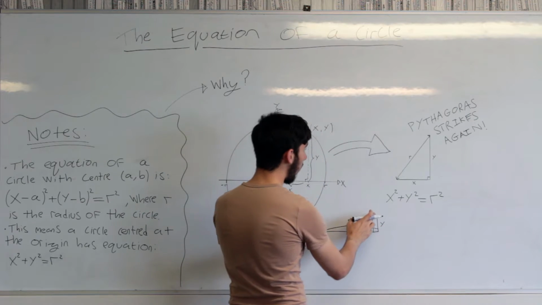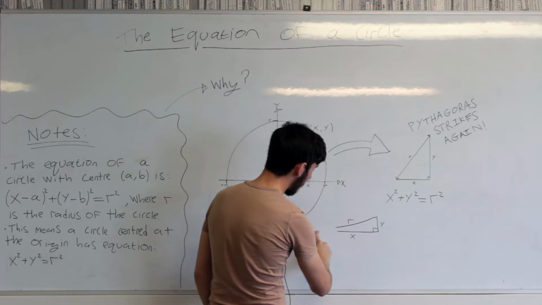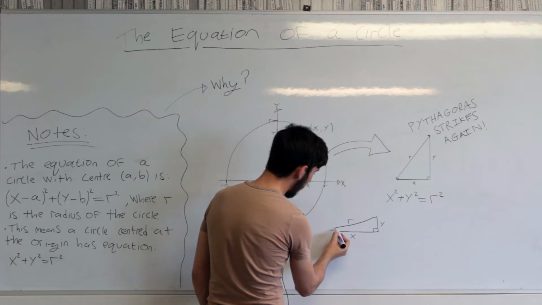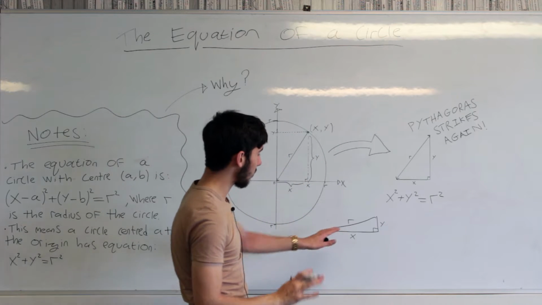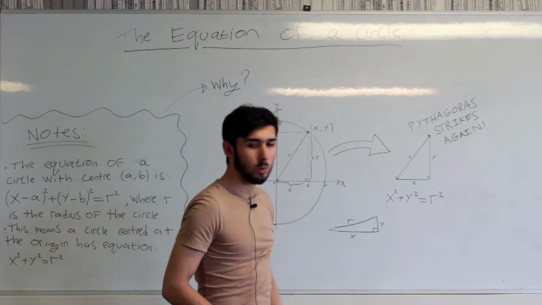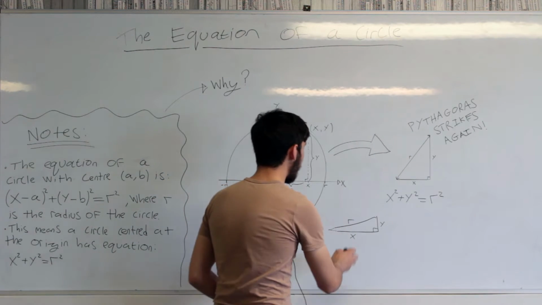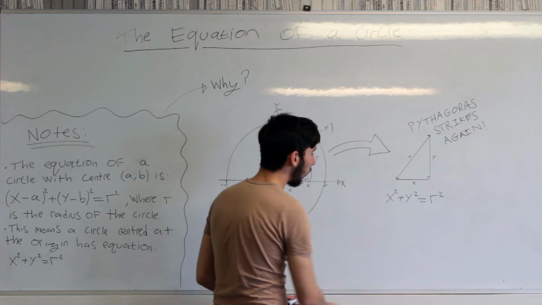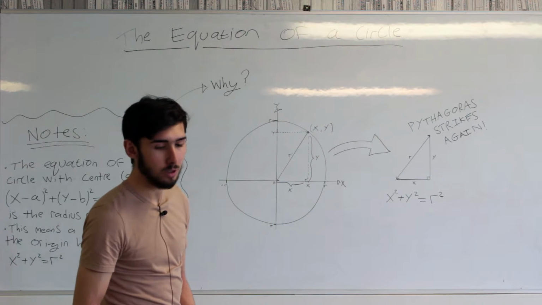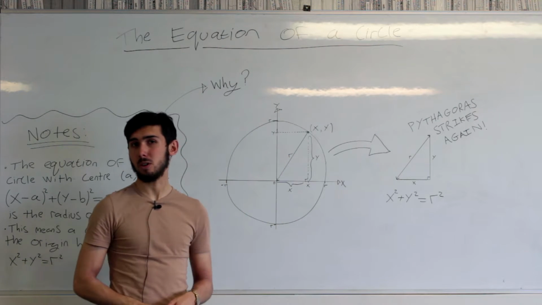As long as this r is the same as this r, these x and y coordinates have a relationship. And that relationship is that the square of the x value and the square of the y value have to equal the square of the r value.